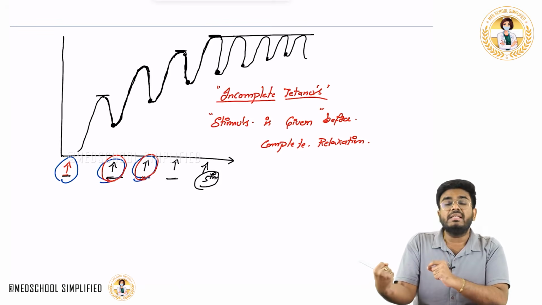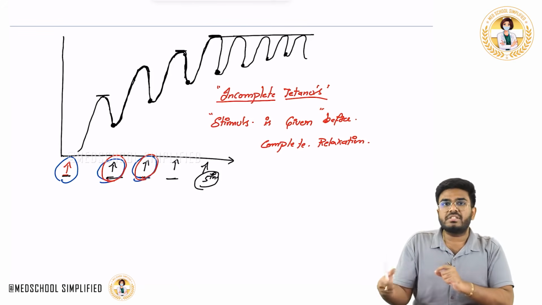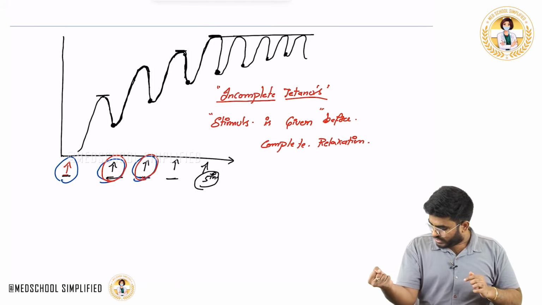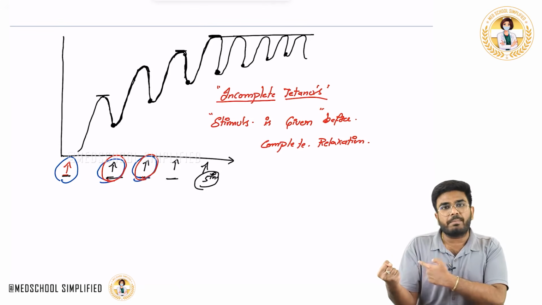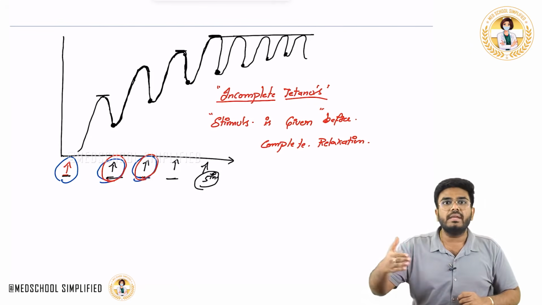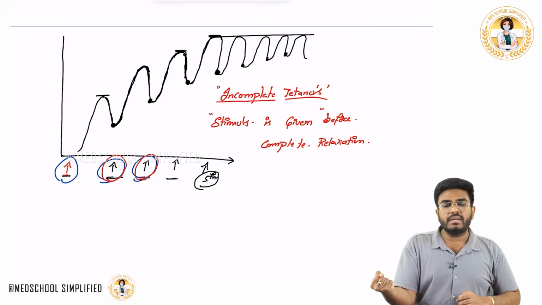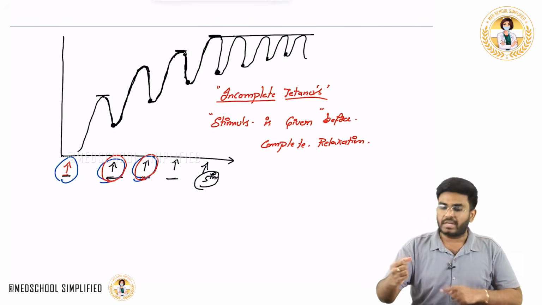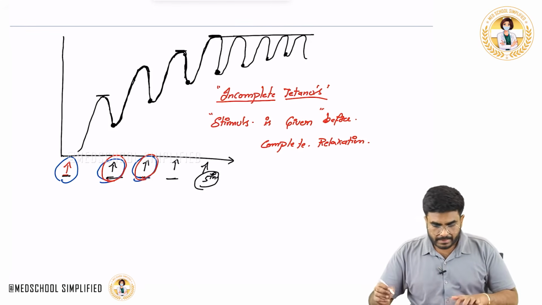So there will be these jerky contractions, and you can feel it with the continuous stimulus. You just try it. With the continuous stimulus, you can check the amount of force generated, the contraction power. The force generated will increase. The more times you stimulate it continuously, the force generated by this muscle is going to increase.